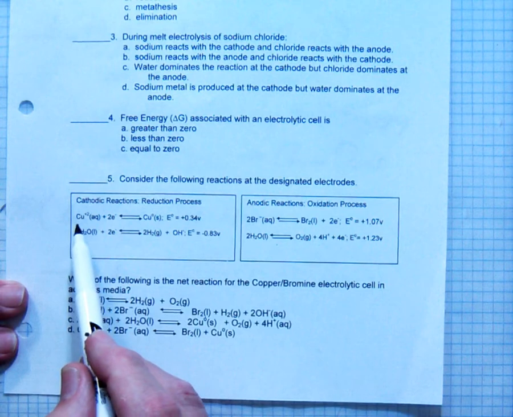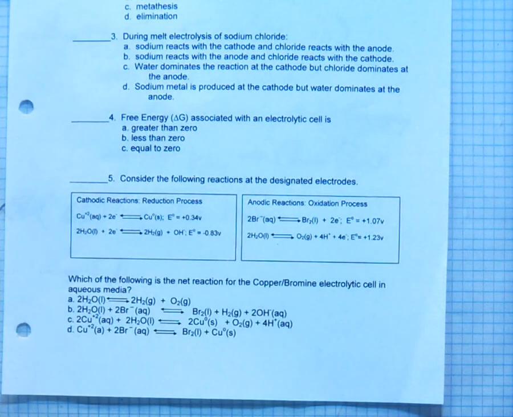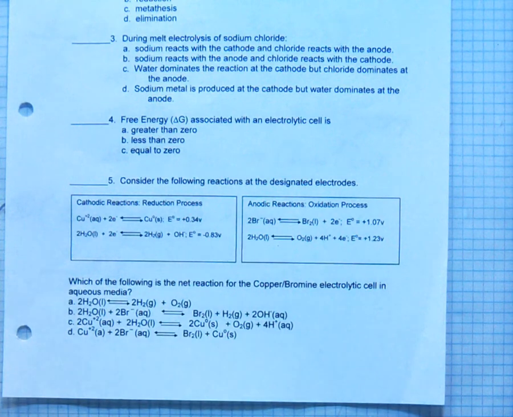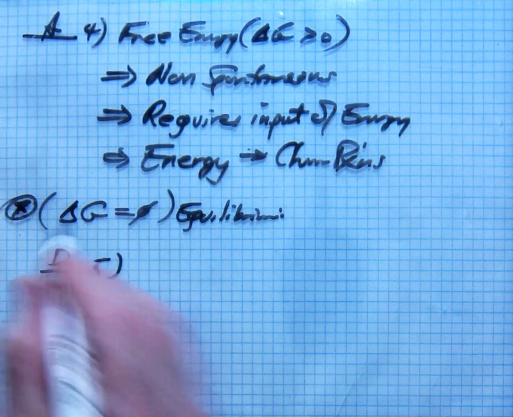How would I know that copper undergoes reduction and bromide undergoes the oxidation process? Well, I'll look on the activities here. Well, bromine's not on here. Probably can't, I may have it up here. Let me see. D choice.